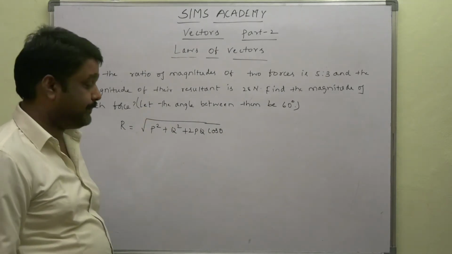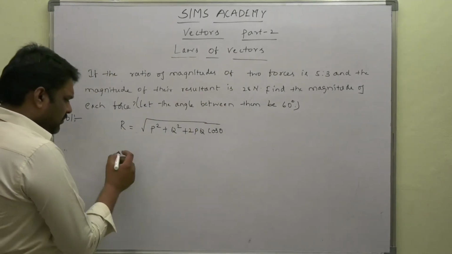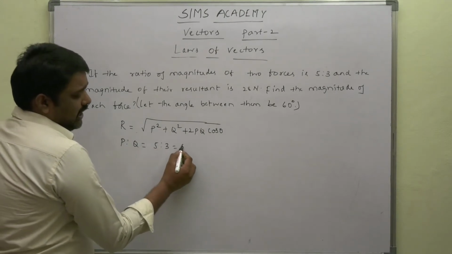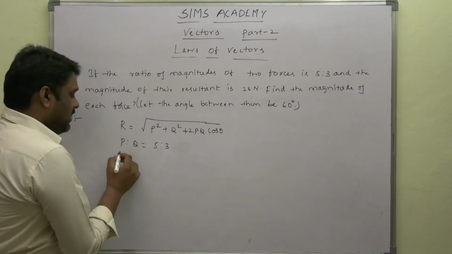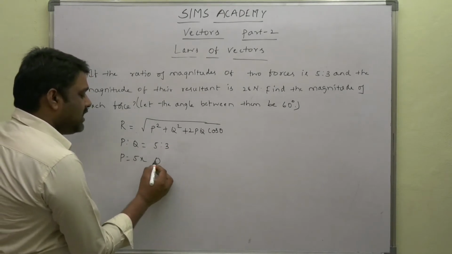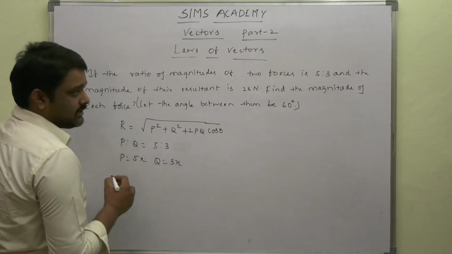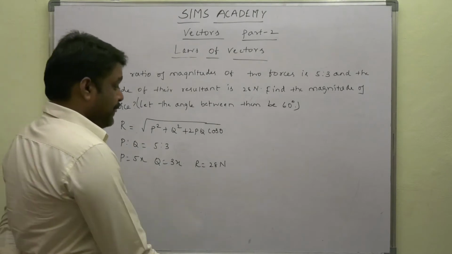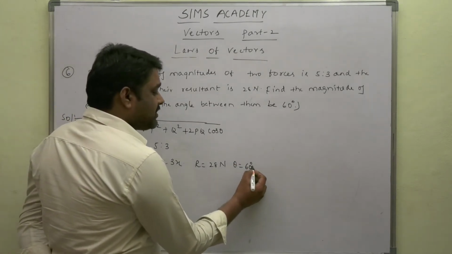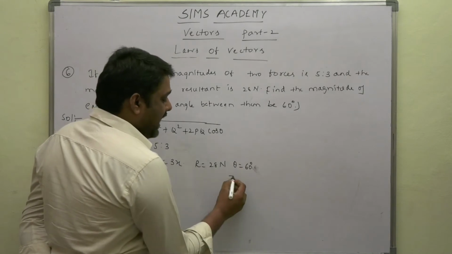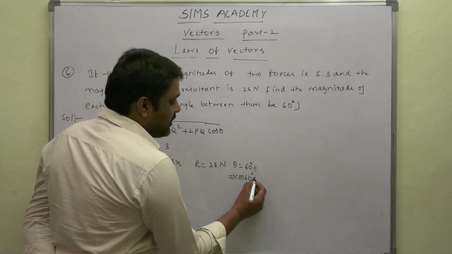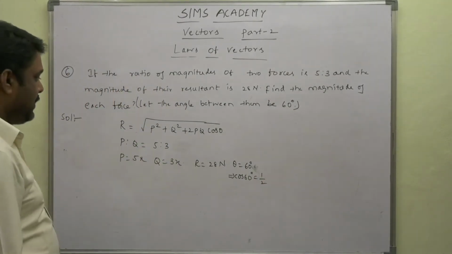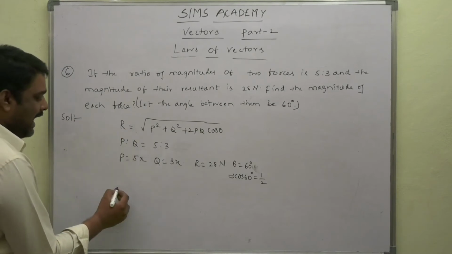It is given. Now, as we are given P is to Q equals 5 is to 3, I can write P equals 5x, Q equals 3x, and the resultant is given as 28 newtons. Angle of inclination theta equals 60 degrees, which implies cos 60 equals 1 by 2.